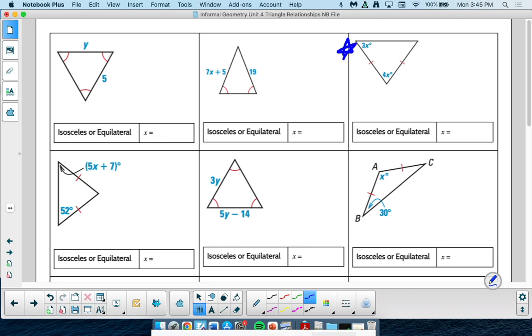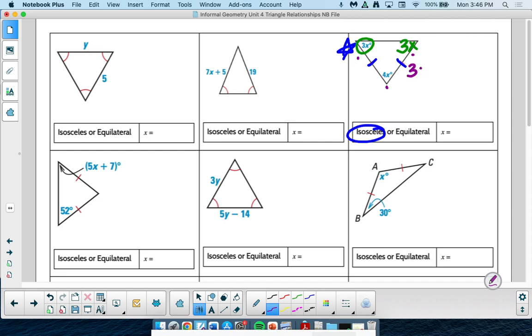So again, let's look. Isosceles or equilateral? I have two sides the same, so it's isosceles. But now, what's this guy right here? Well, don't forget, your base angles are the same. So there's a base angle, so I know that these are the same. Now together, what do all three of our angles have to add to? 180, right?